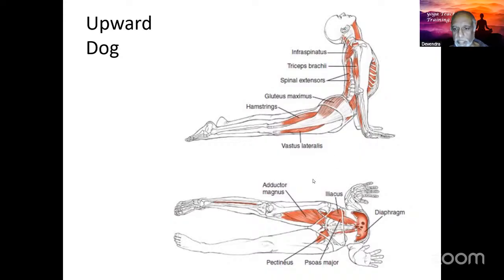And then if you look at the other way, the diaphragm is also working. So this is the image from before. And then you get the psoas muscle, which is a very strong muscle in front of your spine. And the one that attaches to your pelvis called iliacus. You're engaging all those very strong muscles in the front of your spine.